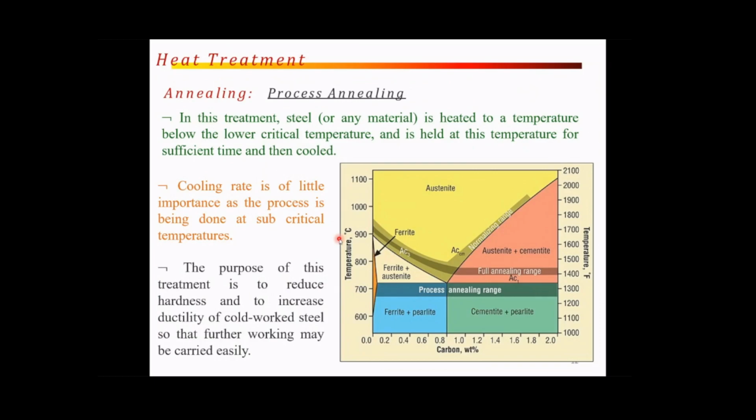But in medium carbon and high carbon steels, the annealing is done at a constant 800 degrees Celsius, and the steel is kept in the furnace at 800 degrees Celsius for 1 or 2 hours. Then it is taken from the furnace and slowly cooled in the open air atmosphere. That is the full annealing process.